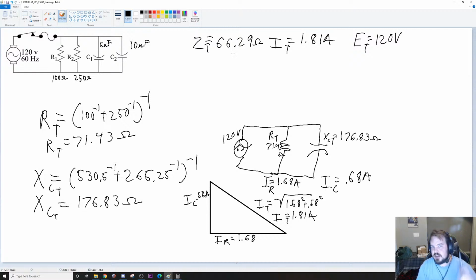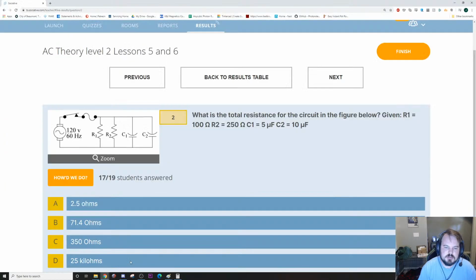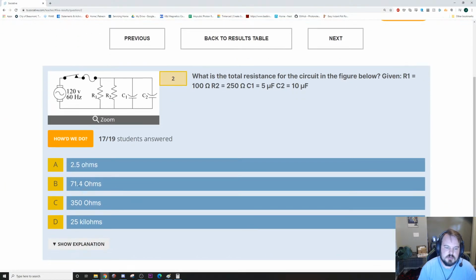All right, and that is our answer to this question, should be. I bet it's going to be 71.4. Yeah, there was a lot of rounding happening.